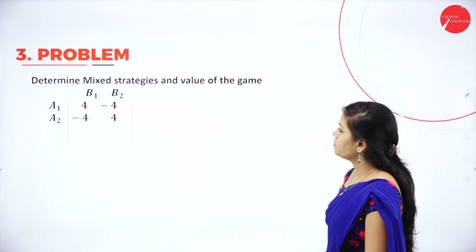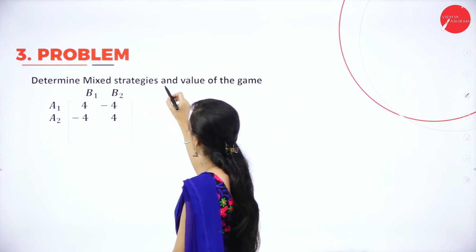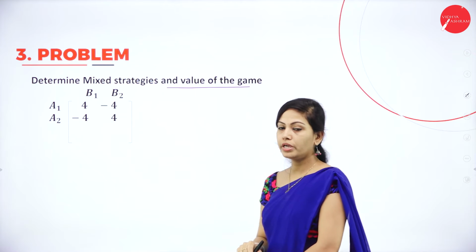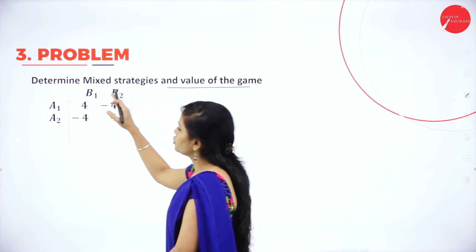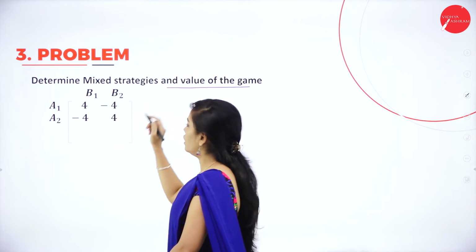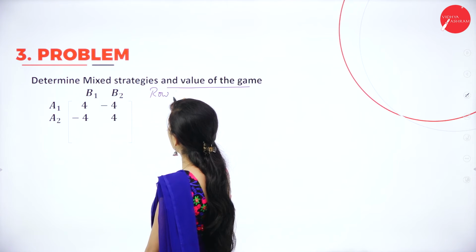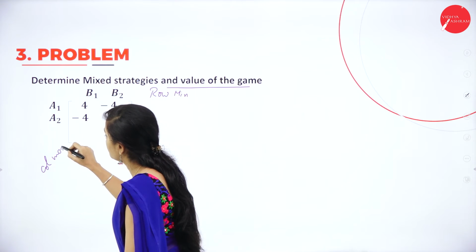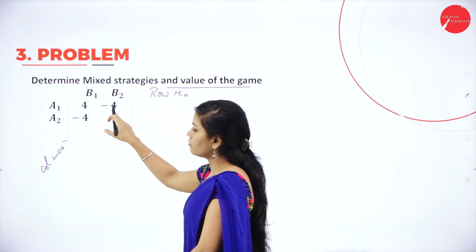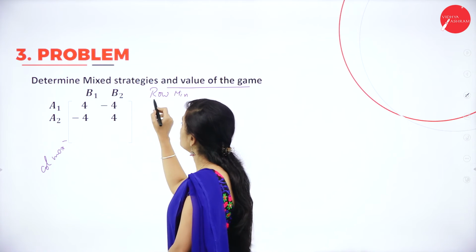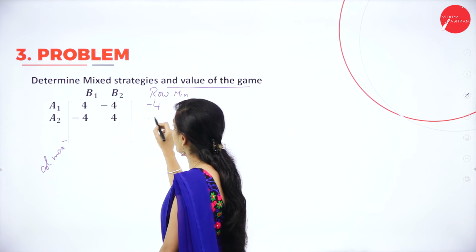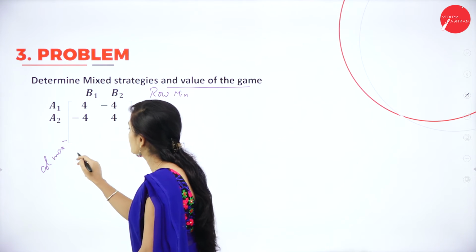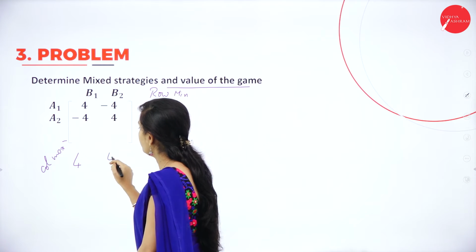And the next problem, determine mixed strategy and value of the game. So here we have 2 rows and 2 columns. Again find out row minima and column maxima. So row minimum value in each row is -4 and -4. In column, the highest value is 4 and 4.